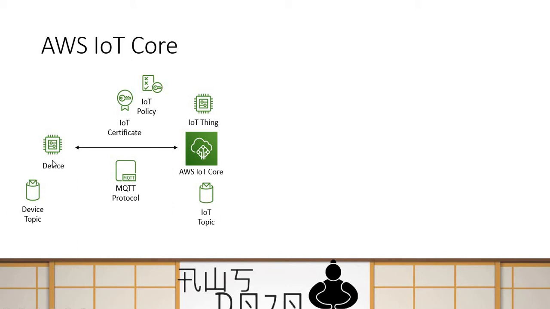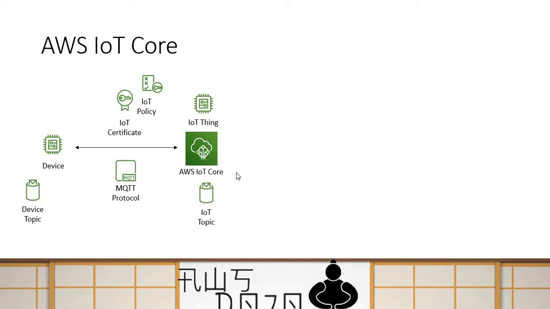If the device wants to talk to IoT Core, it will publish the message to an IoT topic, and IoT Core will have a subscription on this IoT topic, and by virtue of that subscription, it will come to know what message has been communicated to it from the device.